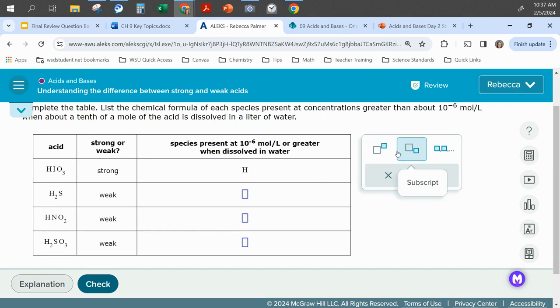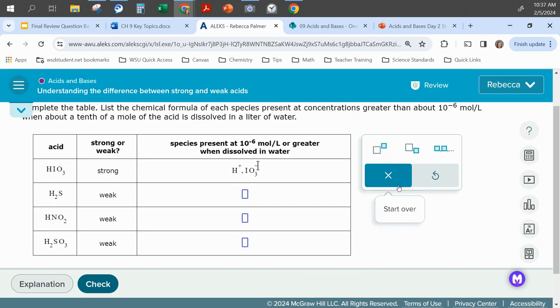I just like H+. That's easier for me. I'm going to have the conjugate base. So H is going to split off of HIO3, and I'm going to get IO3 minus. Okay, do you see where that came from?